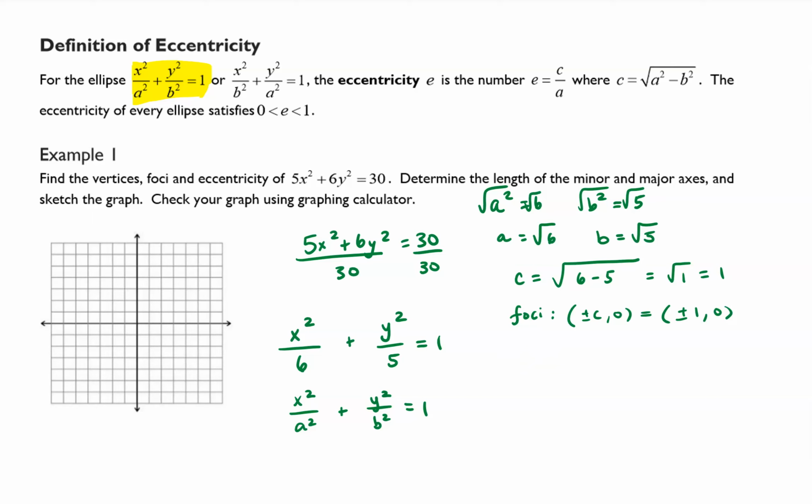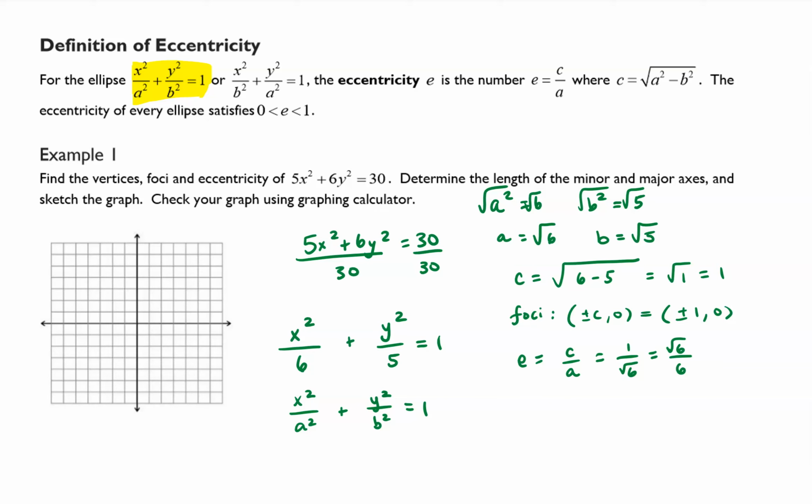We can also figure out our eccentricity. I'm just going to use e. That's equal to c over a, which is 1 over the square root of 6. And normally we want to not have square roots in the denominator, so I'm going to rationalize that and rewrite that as the square root of 6 divided by 6.